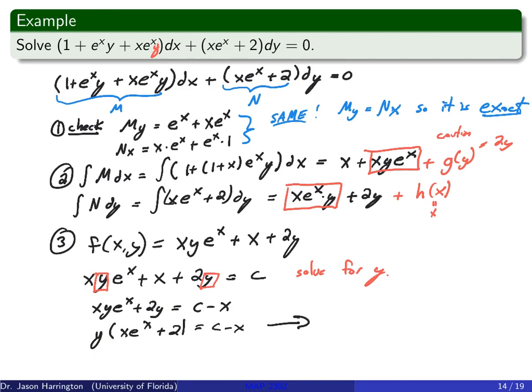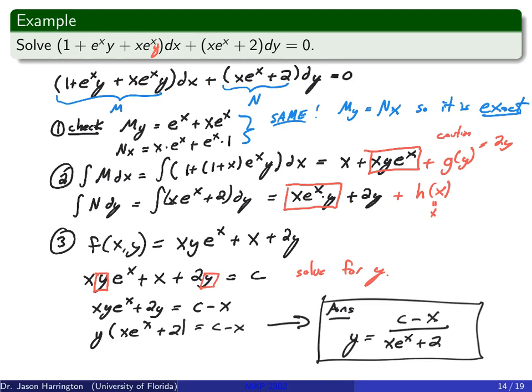So that means that my final answer after all the smoke clears is y is equal to c minus x divided by x e to the x plus 2. And that's it. Cool.